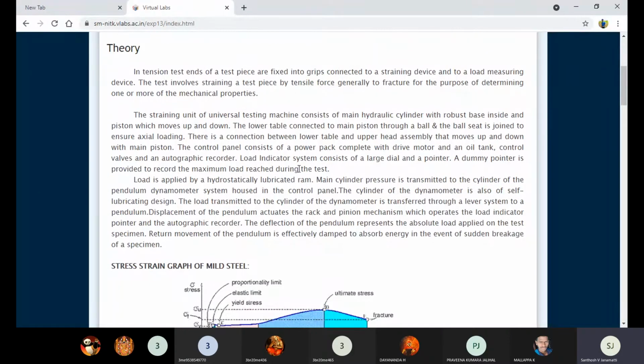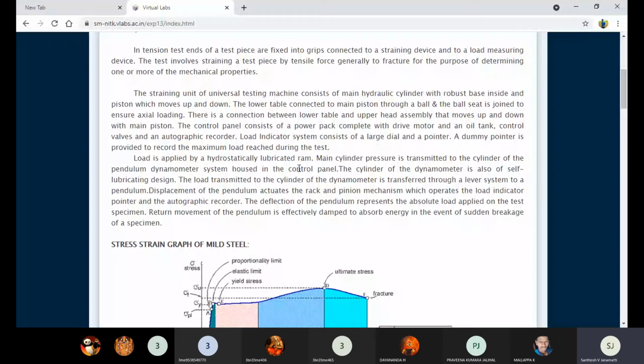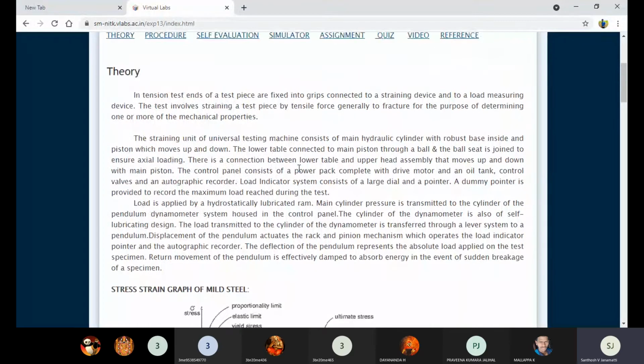In material science, we have gone through theoretically how the tensile test works and how it is important, because this is one of the major mechanical properties of engineering materials.